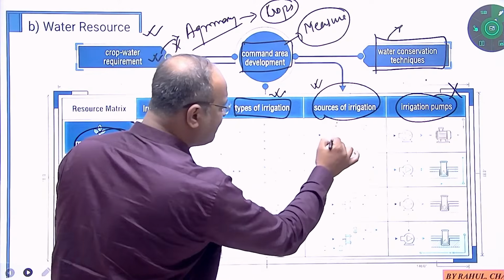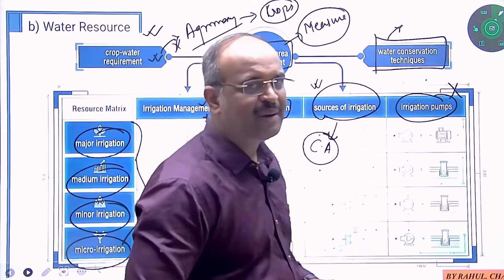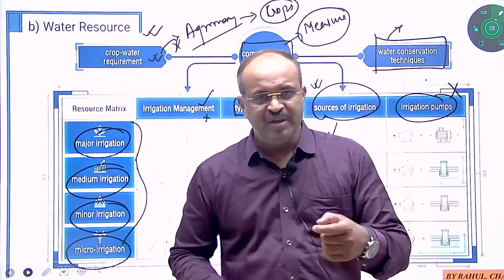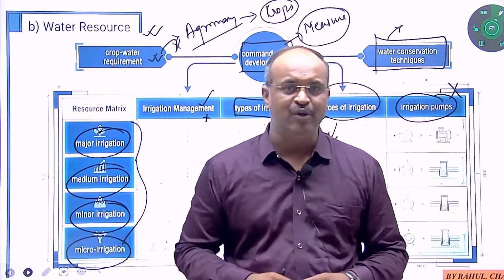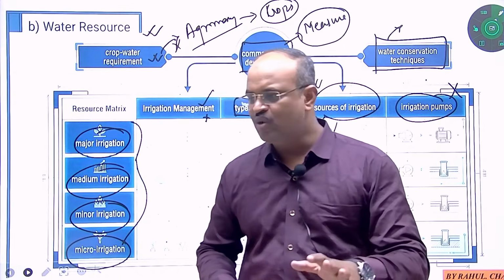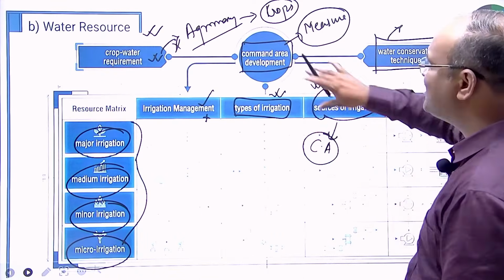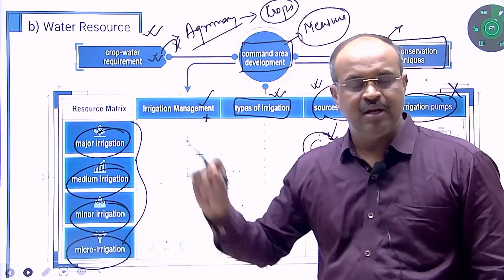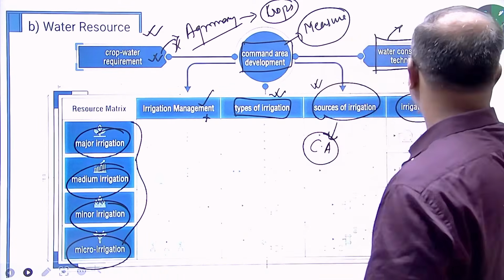The questions will be framed as current affairs based questions. For example, which of the following states has the largest area covered under the micro irrigation system? Such types of questions you will get. So you can keep this topic a little bit aside and focus on the other topics.